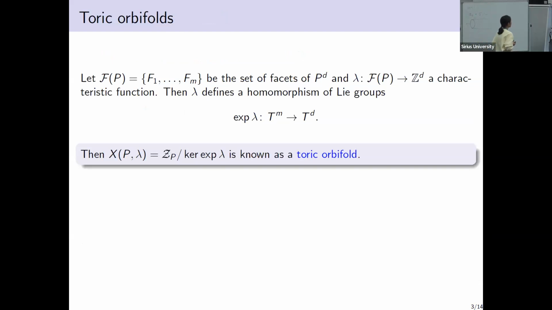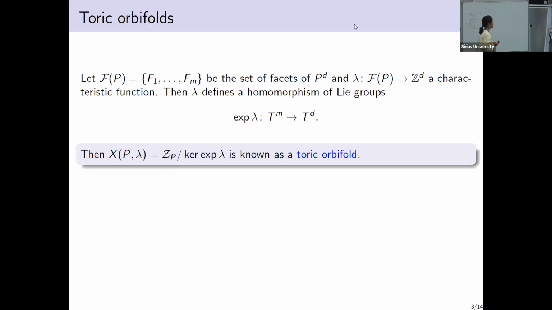Using this moment angle manifold, I want to consider a certain orbifold given by a certain torus acting on this manifold. To introduce this quotient space, I need some extra information called the characteristic function, which is from the set of facets of the simple polytope P to the d-dimensional lattice.